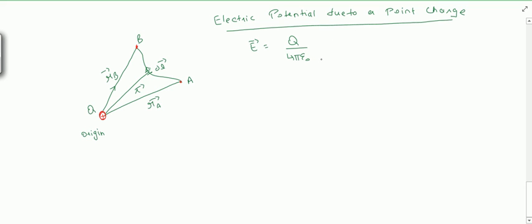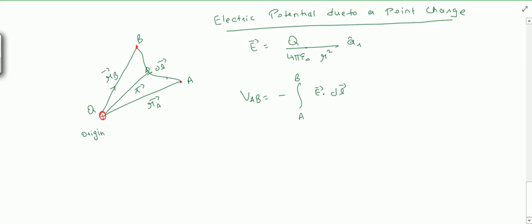So q by 4 pi epsilon naught, r vector magnitude squared, and the direction will be ar cap. Let us say in this direction, this will be E. So what was VAB? It was minus the integral from A to B of E dot dl. So here E is this. So what will be the dl vector?